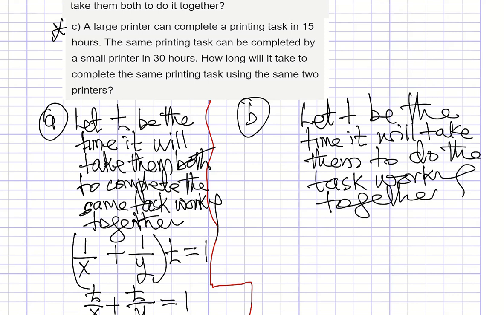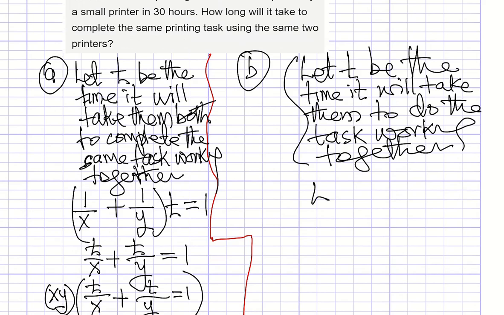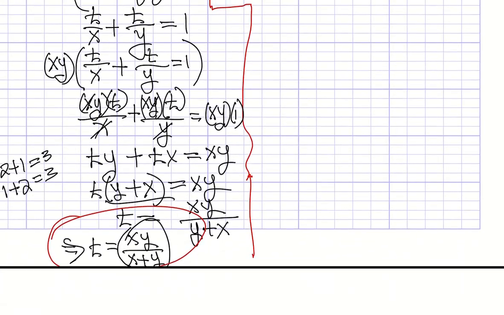So you need to make sure you understand that, because we're stipulating that t is what it would take them. Then from what we derived over there, we derived it over here.